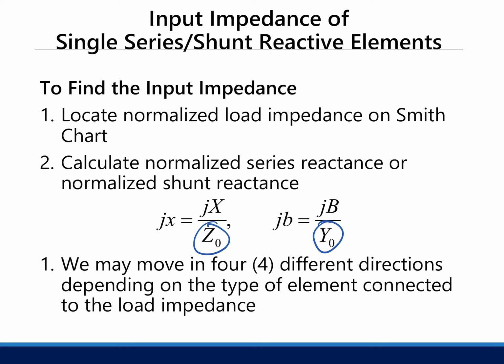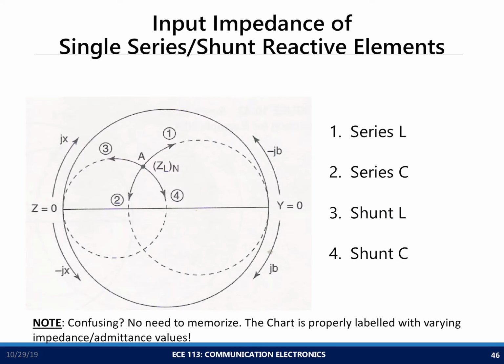Okay, and you move in 4 different directions from the point. So let's say you start at point A. If you have a series L, since this is a series, that would mean you have a constant resistance. A constant resistance circle is defined by this large circle right here, the one in blue.